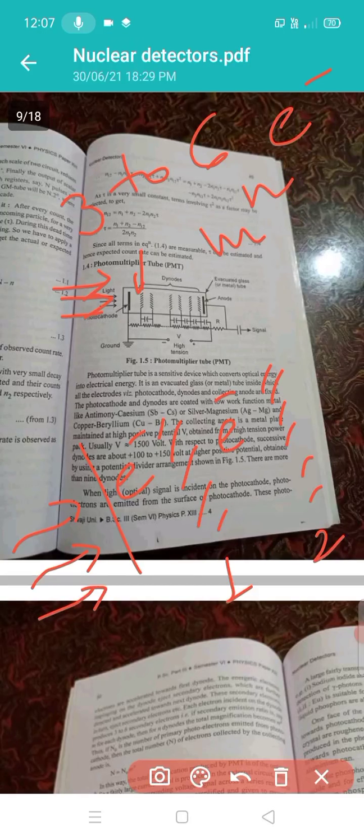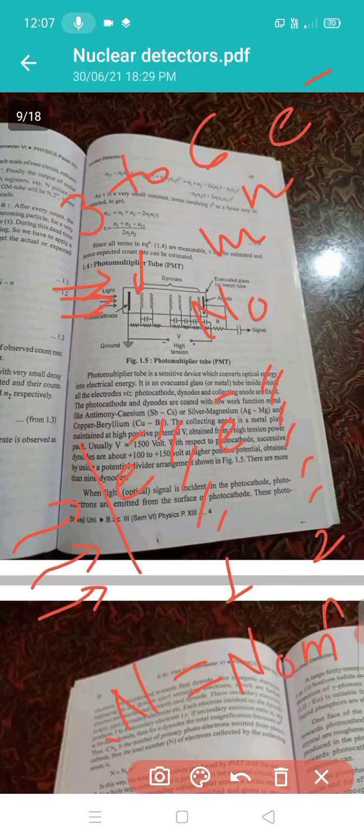Thus, if N0 is the number of primary photoelectrons emitted from the photocathode, then the total number of electrons collected by the collecting anode becomes N equals N0 into m raised to n.